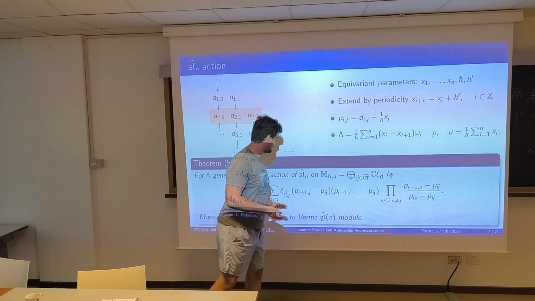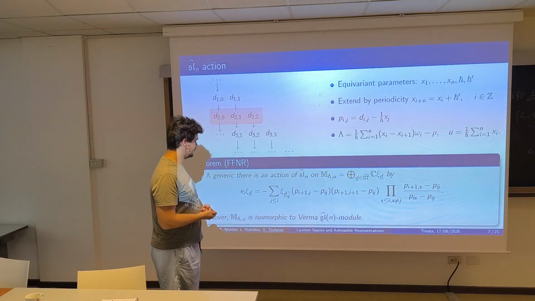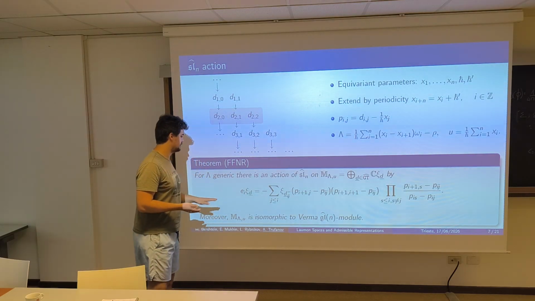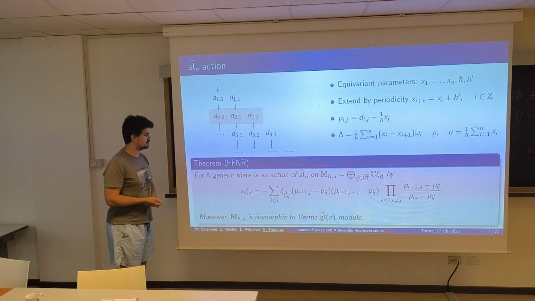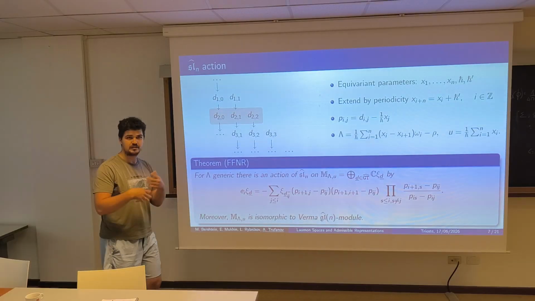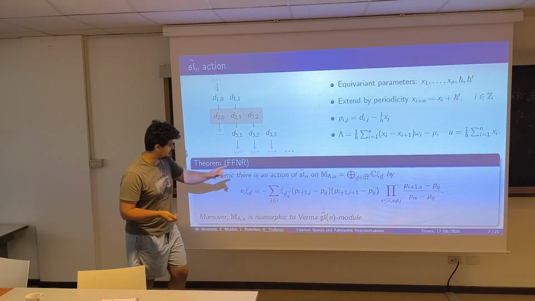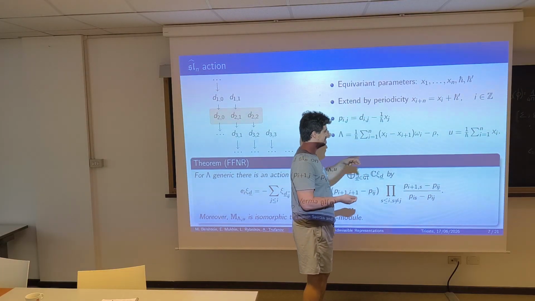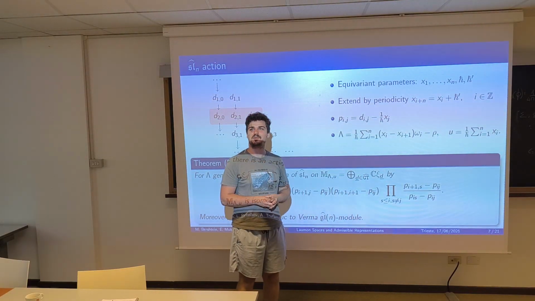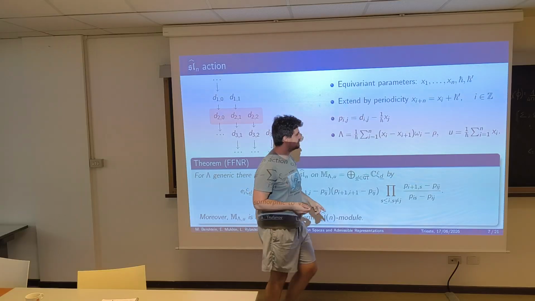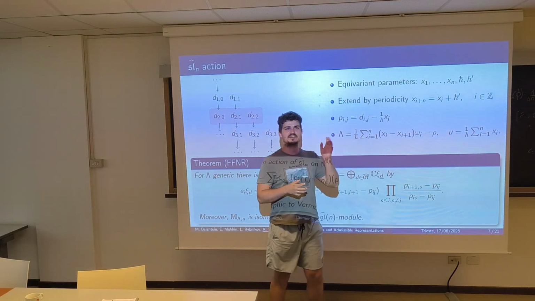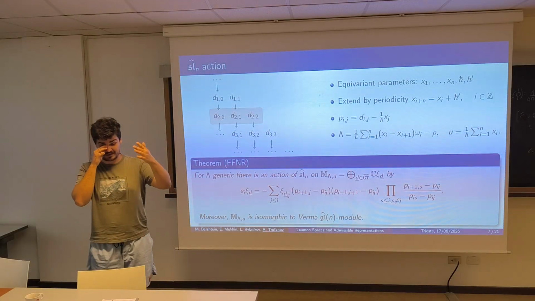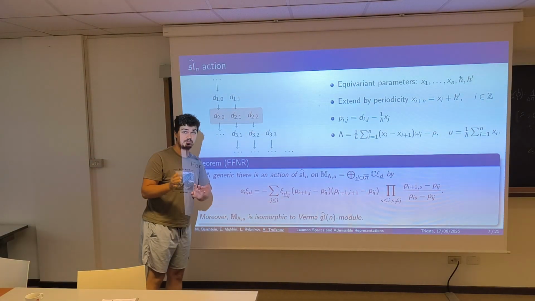It becomes a module. This action is well defined for generic lambda. There is some parameter lambda, more or less the same as the set of x, but we can pack it into an sl_N weight and numbers that correspond to gl. The difference between sl and gl is the number u.